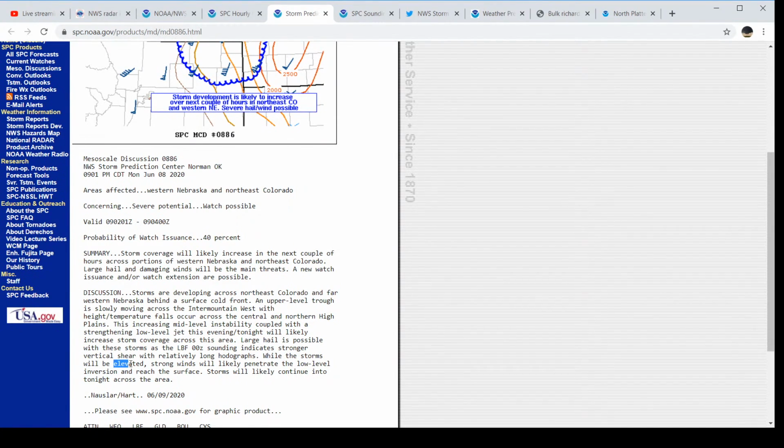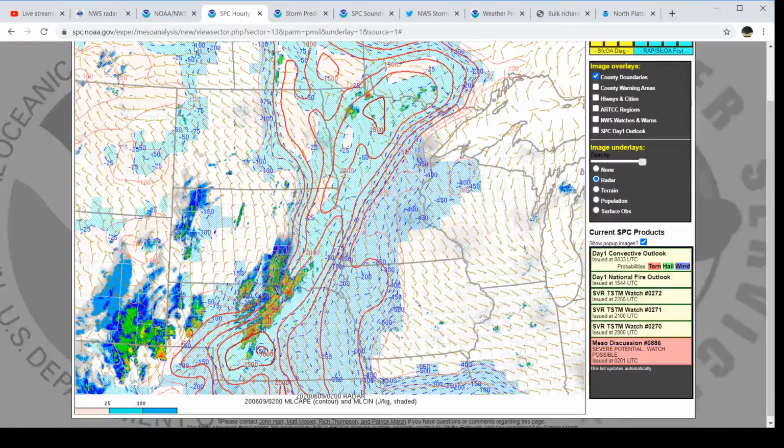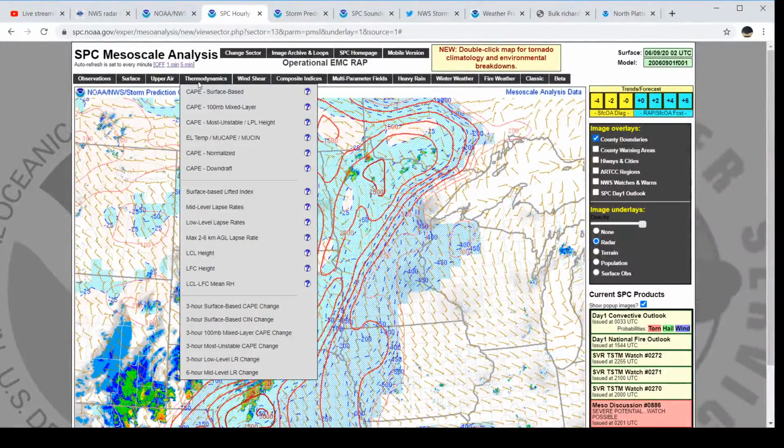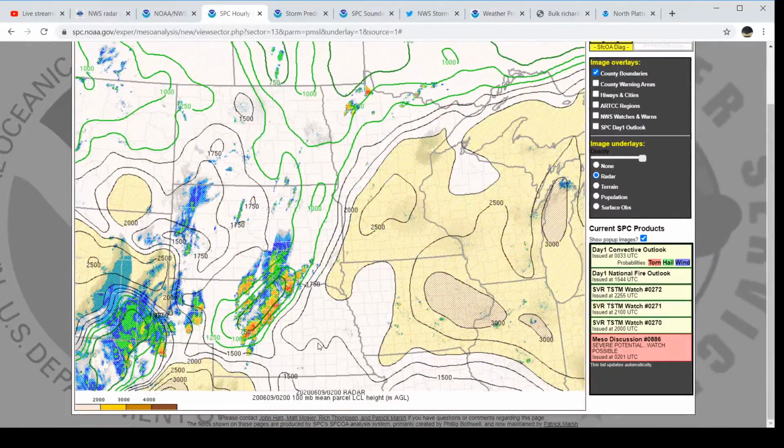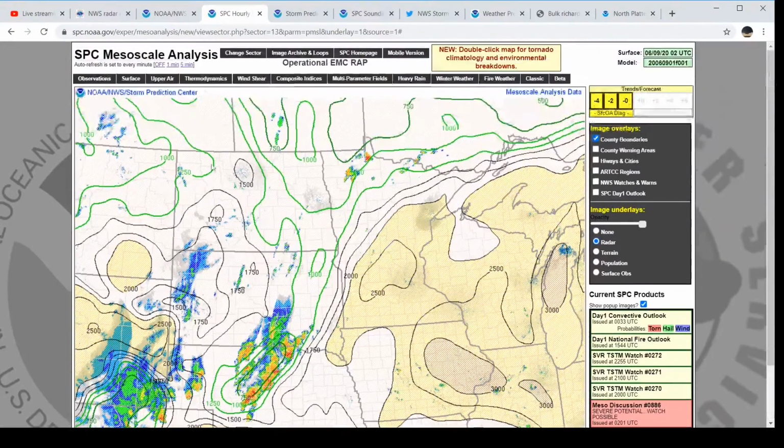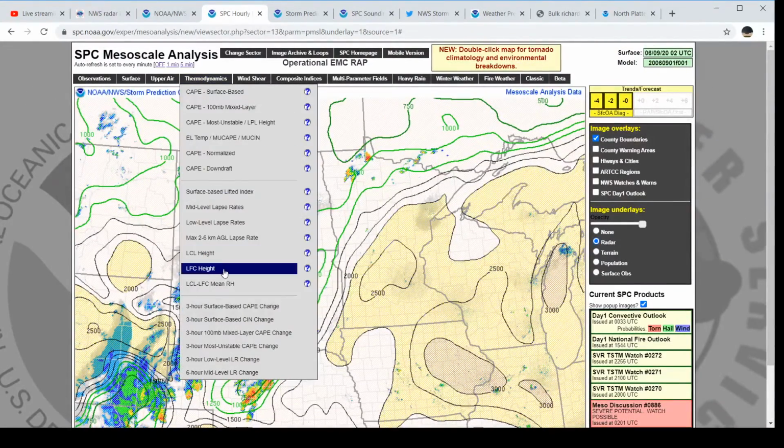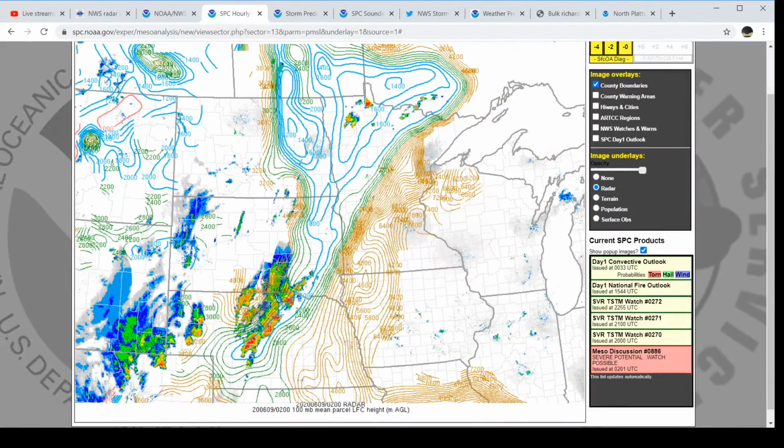Storms will be elevated. So what we probably need to look at here is what our LCL heights are looking like. Right now they're relatively low. Let's see what our LCL heights look like. They're low.